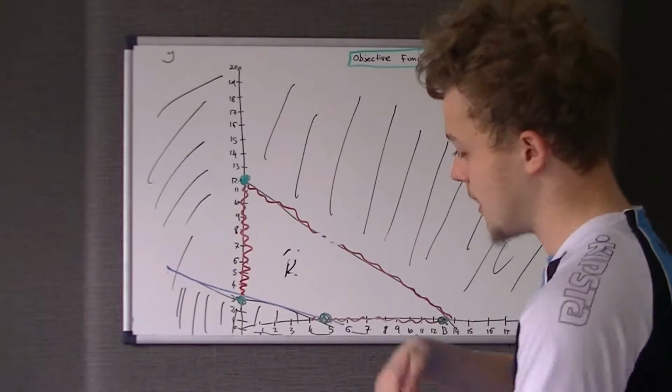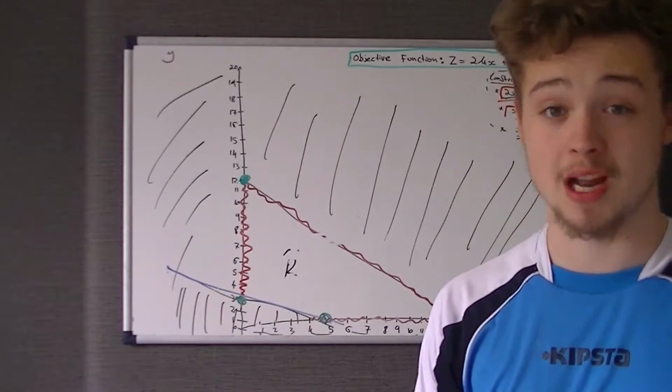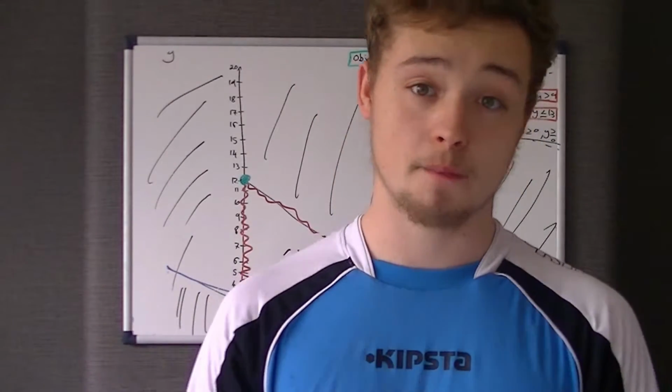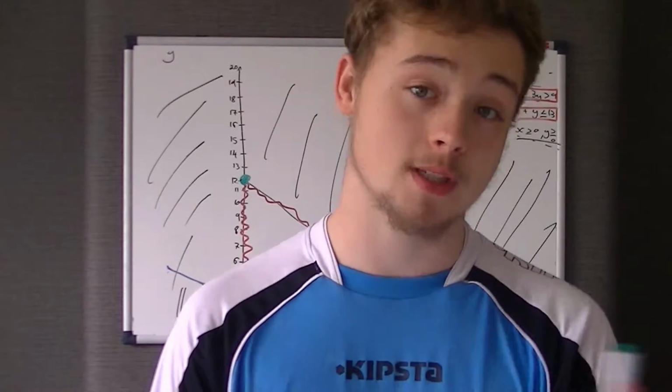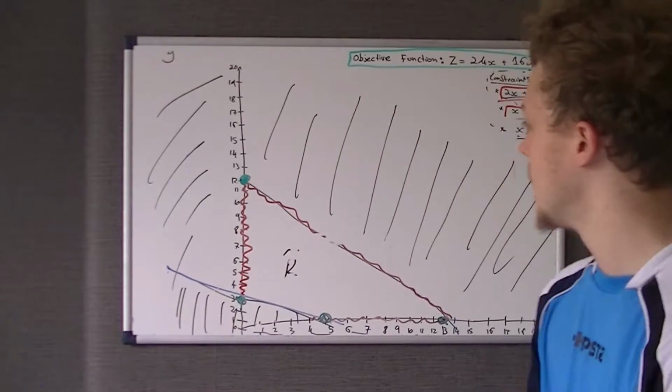Obviously these are coordinates, so you sub the x and y values into this objective function. If it's asking for the maximum, you choose the point which gives you the biggest value for z, and if it's asking for a minimum, logically it's the smallest value of z that is found. So it's very simplistic.